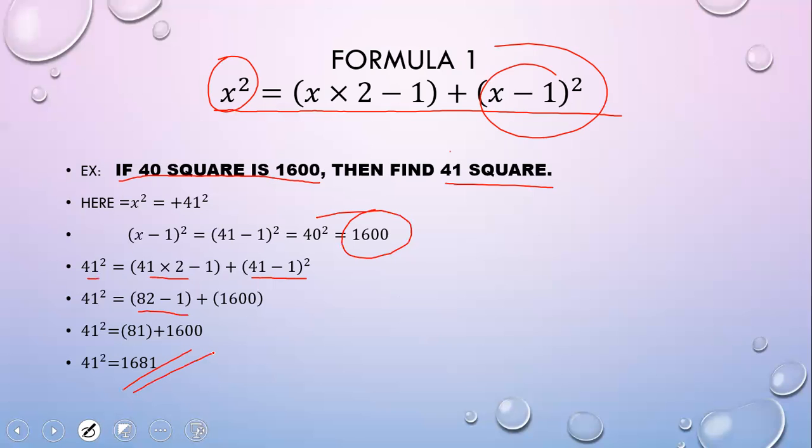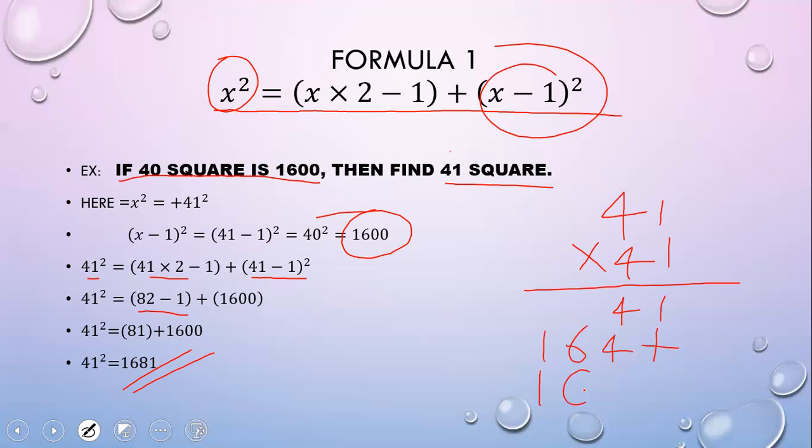And you can multiply 41 into 41 and we get the exact same answer. If you want, let me show you. 41 into 41, 1, 4, 4, 16. So that's 1681. See, I told you.